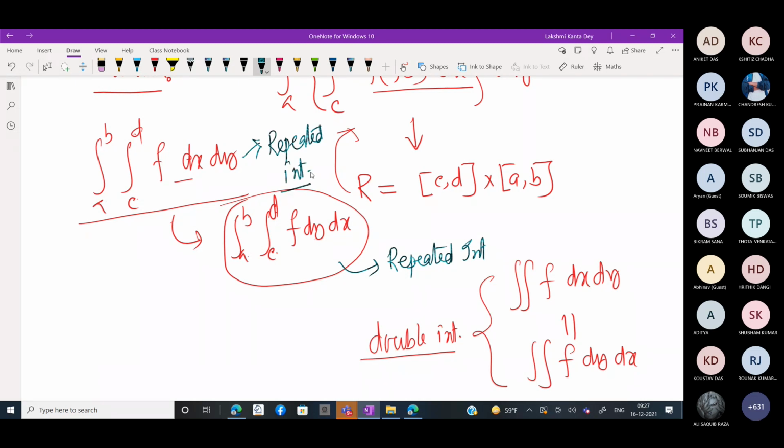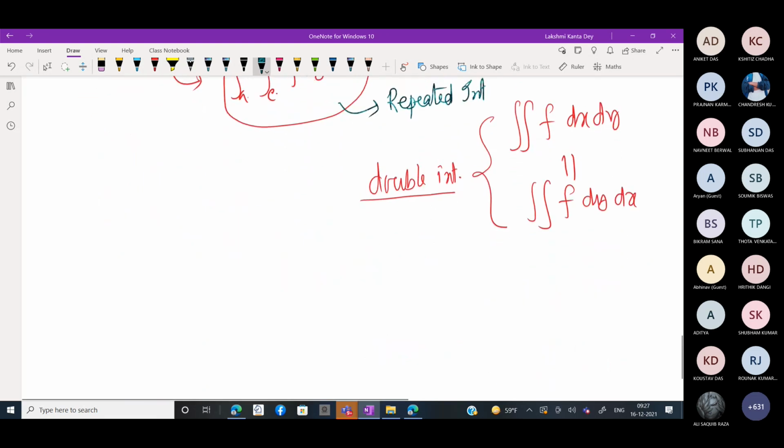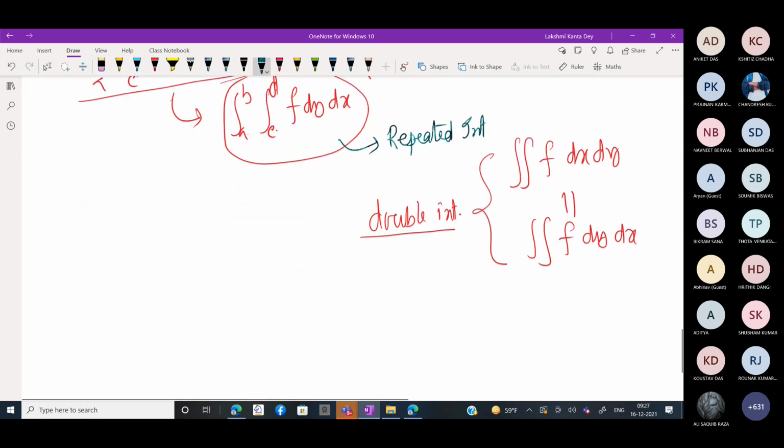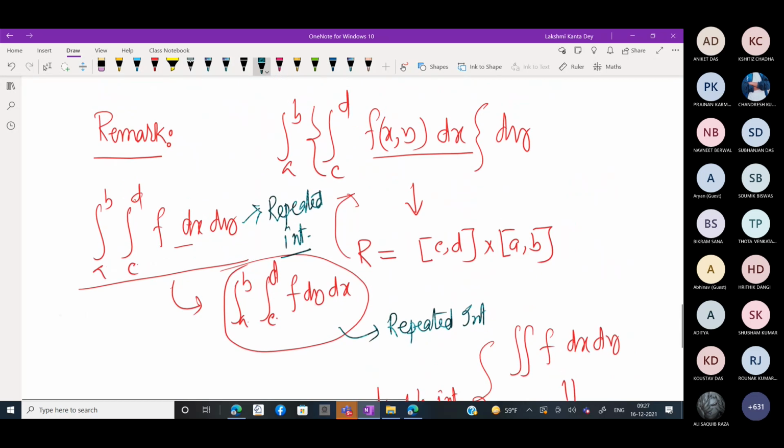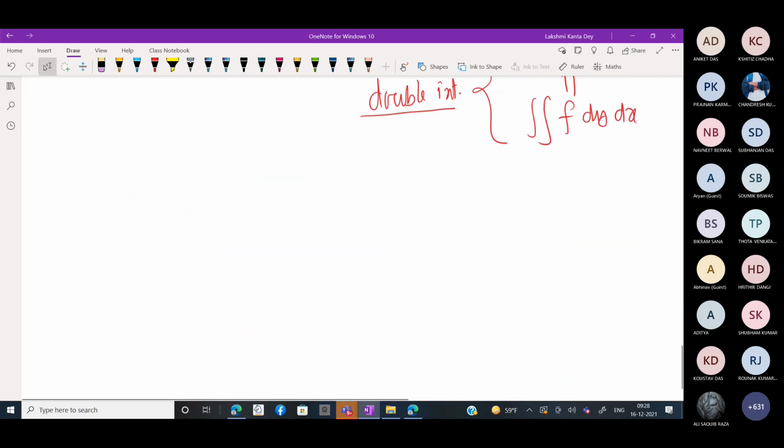So in the case of repeated integrals, we have to be a little bit careful while writing the order, dx dy or dy dx. Later on we will understand this. I tell you that the region of integration c comma d cross a comma b is different from a comma b cross c comma d. It may be different in many cases.